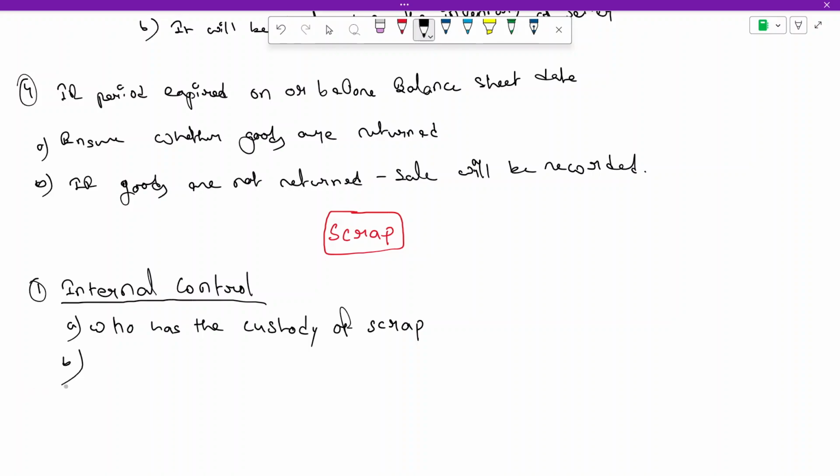Second, we will check who has the power to issue scrap.